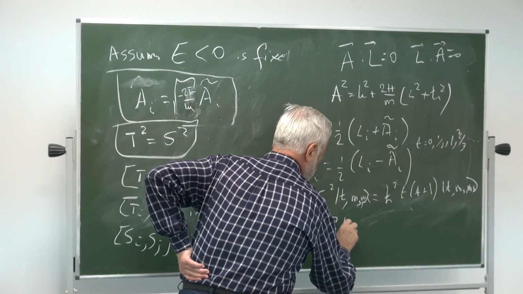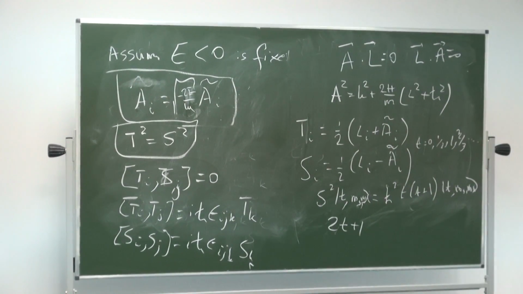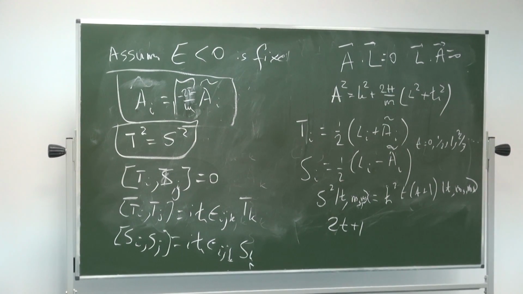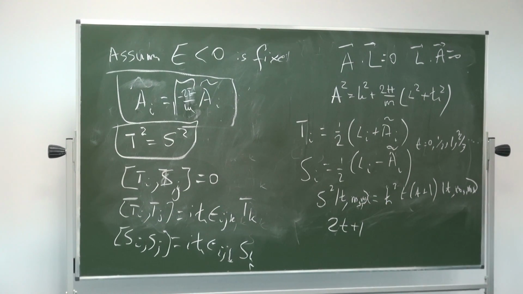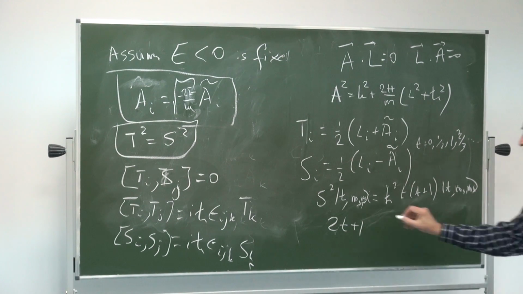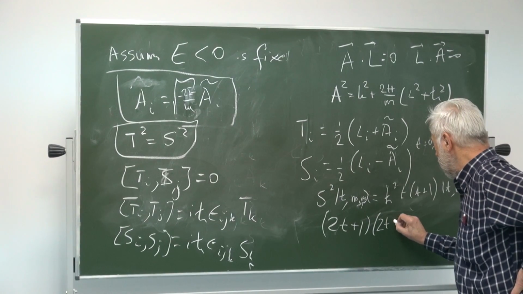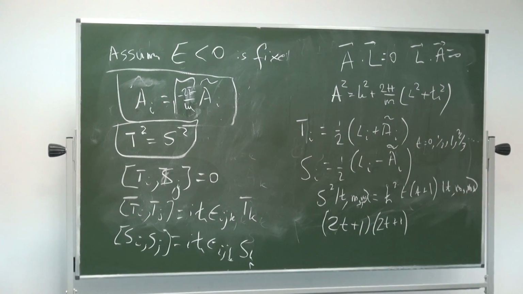This is equal to 2t plus 1, like 2l plus 1 was 2 weeks ago, yes, probably some years ago for all of you. We know also how many values we can have for MT. Well, identical, also 2t plus 1.